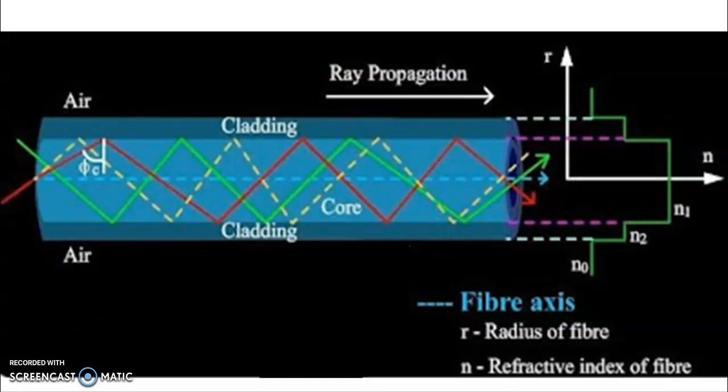So we can send this light as a signal over any long distance, and we can send more than one signal also. When sending more than one signal, we have one difficulty: the rays get mixed, the signals get mixed. They are of different colors, different wavelengths, different frequencies, and the core has different material.